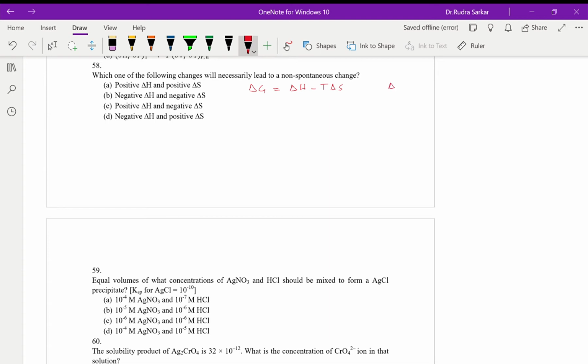Now, for a spontaneous process, delta G has to be less than 0, and for delta G greater than 0, that is positive, it is non-spontaneous.